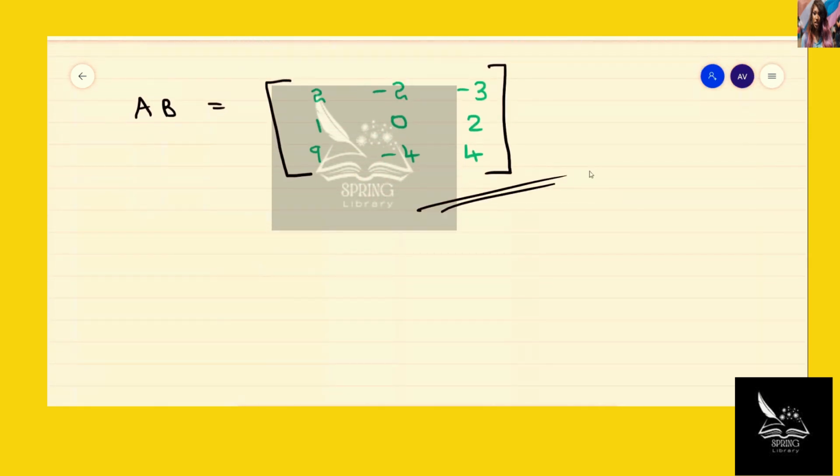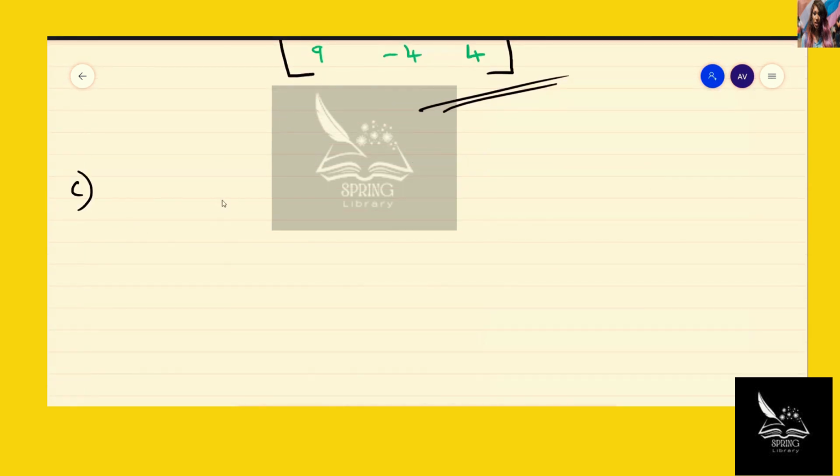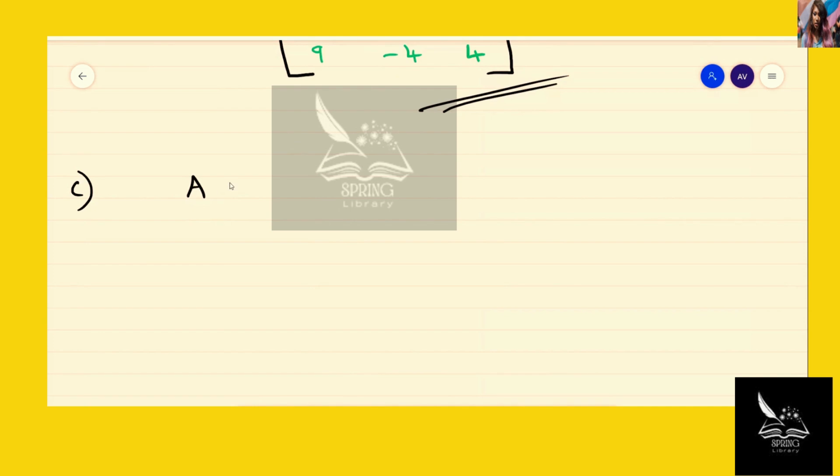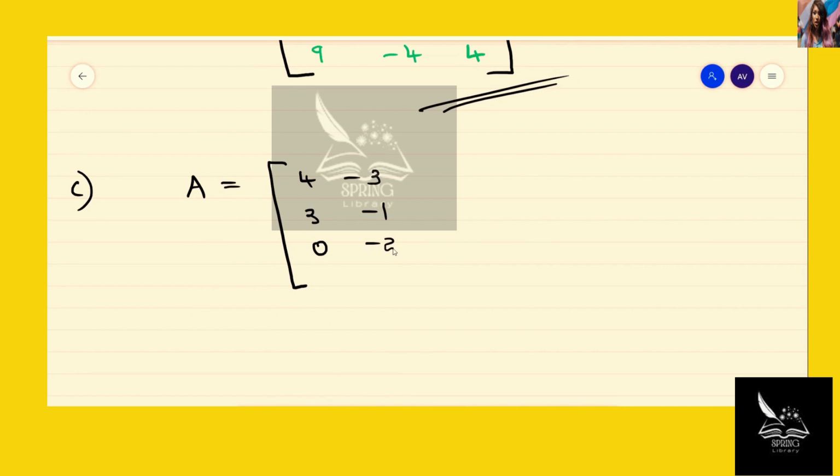Now let's move on to the last part of this question. So over here we have A. It is the matrix 4 minus 3, 3 minus 1, 0 minus 2, and last row is minus 1, 5.